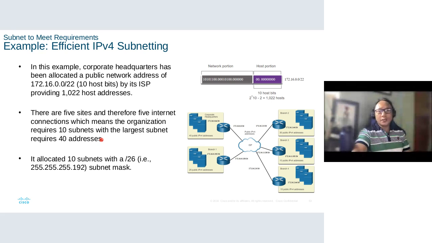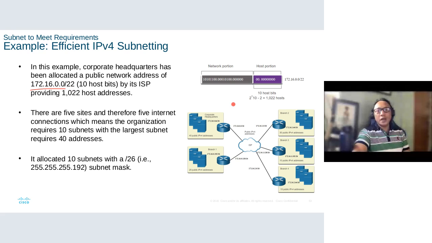Now, this is an example of an efficient IP version 4 subnetting. And in this example, we have a corporate headquarter and it has been given a public network address of 172.16.0.0/22.